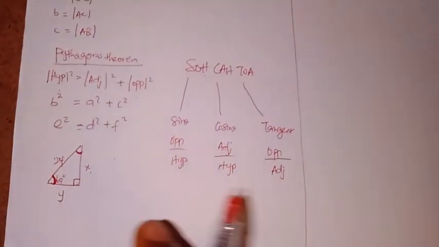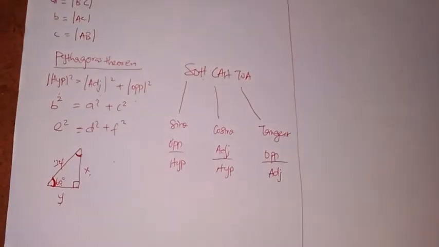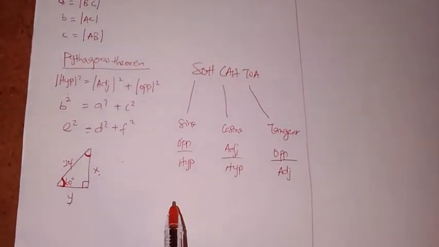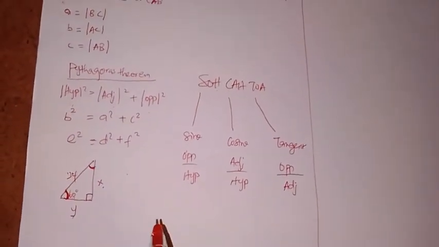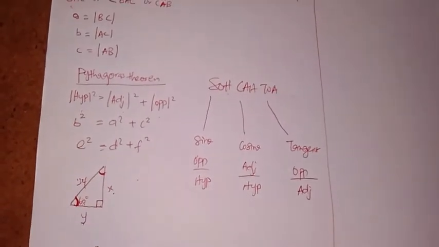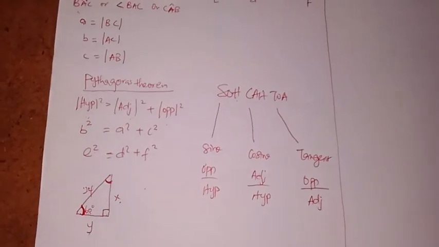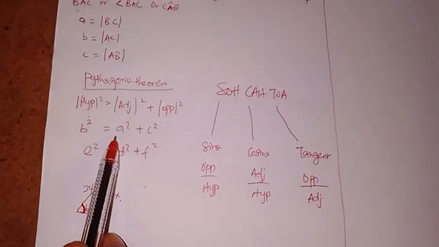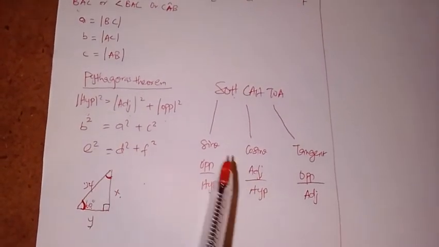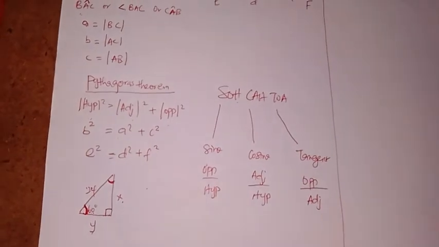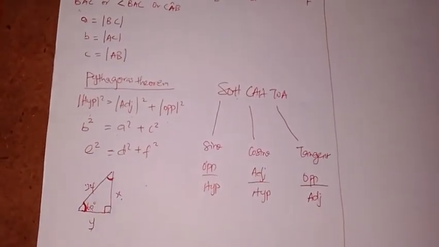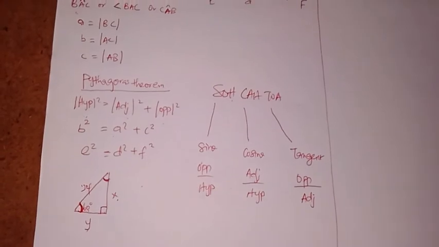So, let's go back to this question. When will I use my Pythagoras theorem? I'll use my Pythagoras theorem if I'm given two sides and I'm to look for the third side. That's why this formula came in. I'm going to use my SOHCAHTOA when I'm given a side and an angle, just like this.